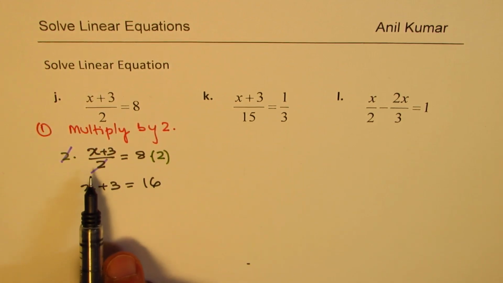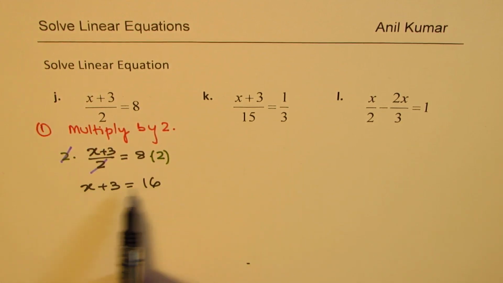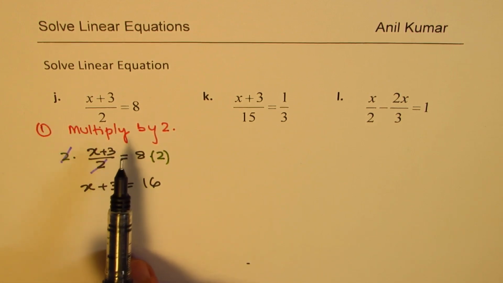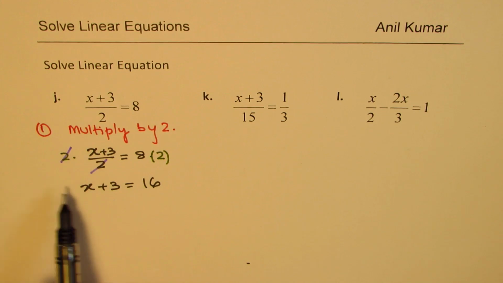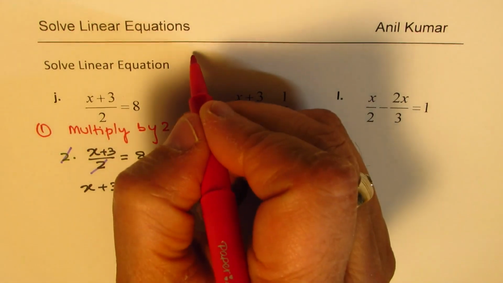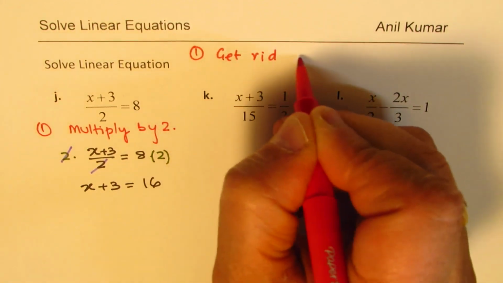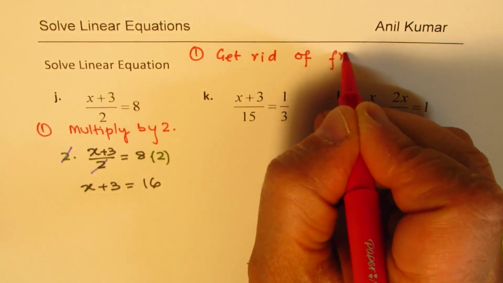So that is a very critical step. We got our linear equation without fractions. So step number 1 basically involves getting rid of fractions. Let me say our step 1 is get rid of fractions.